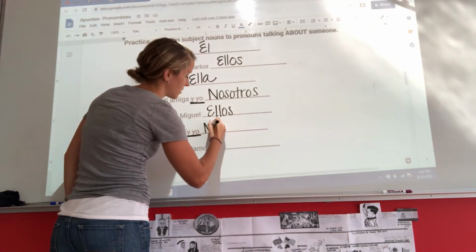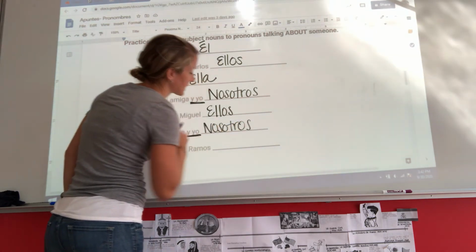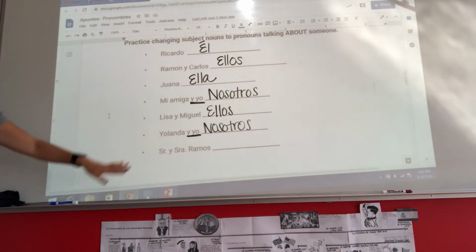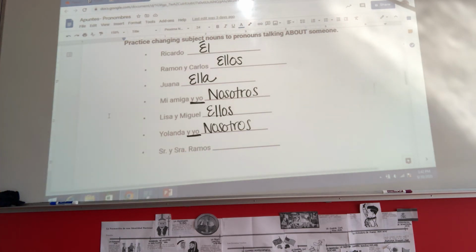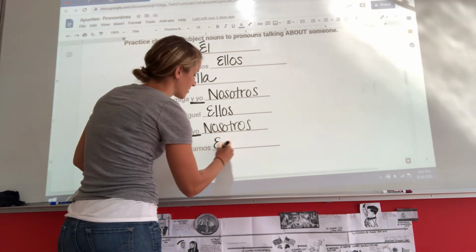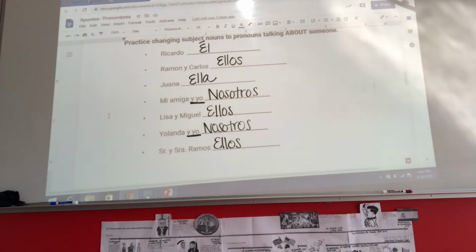Muy bien. Nosotros. Señor y señora Ramos. ¿Cuál es el pronombre? Ajá, ellos. Muy bien, ellos. Excelente.